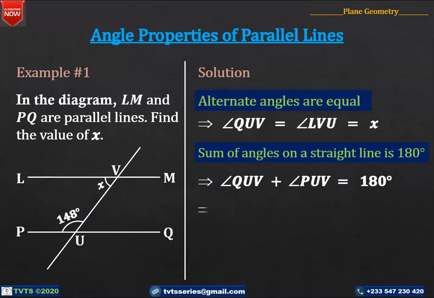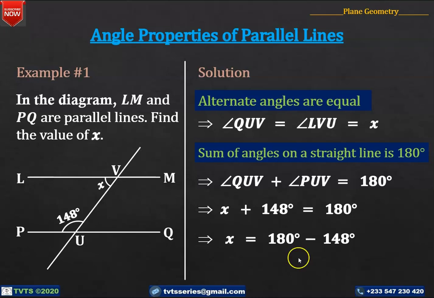Therefore, x plus 148 degrees is equal to 180 degrees. Grouping like terms, we have x equal to 180 degrees minus 148 degrees, which is 32 degrees. Therefore, x is equal to 32 degrees.